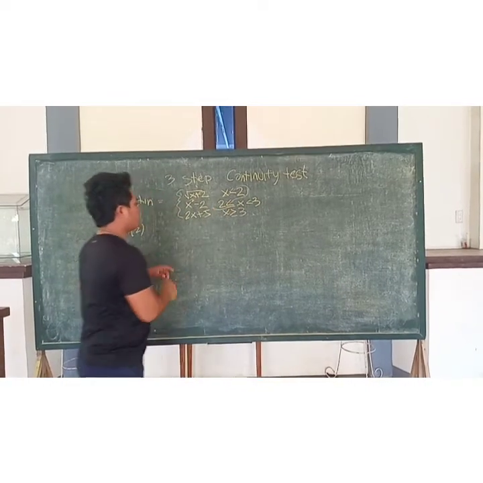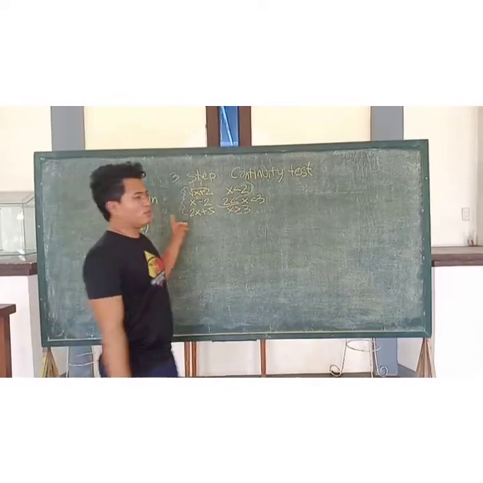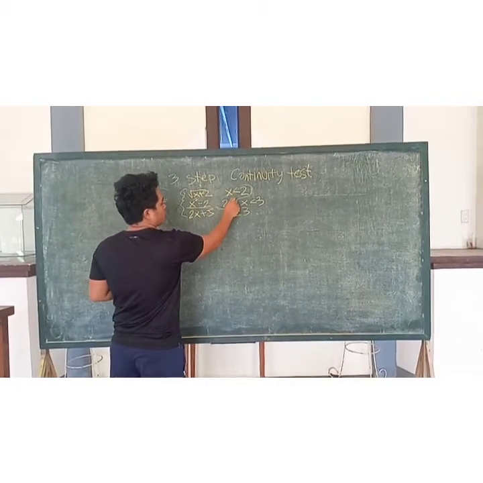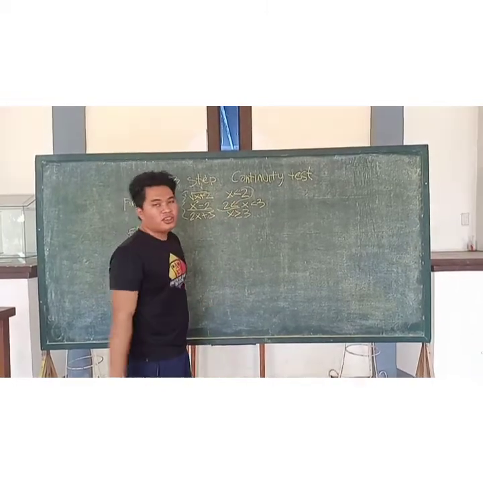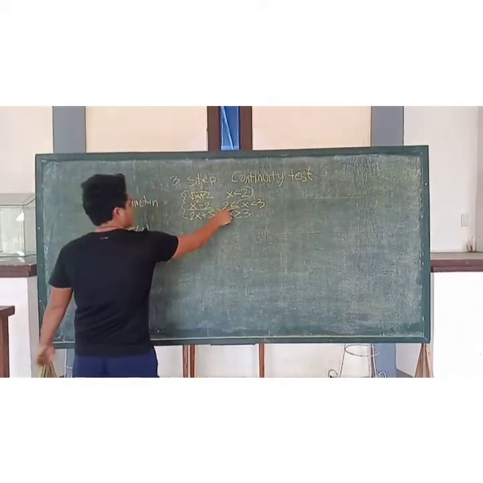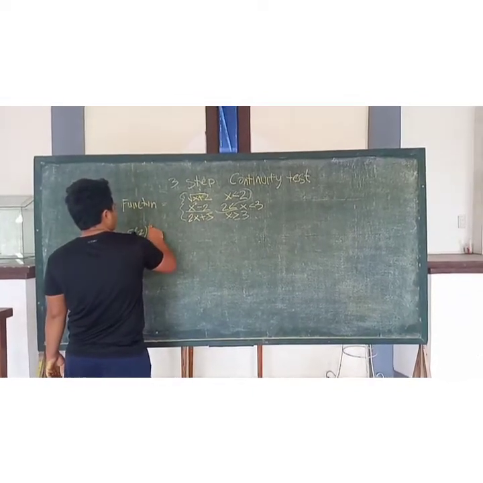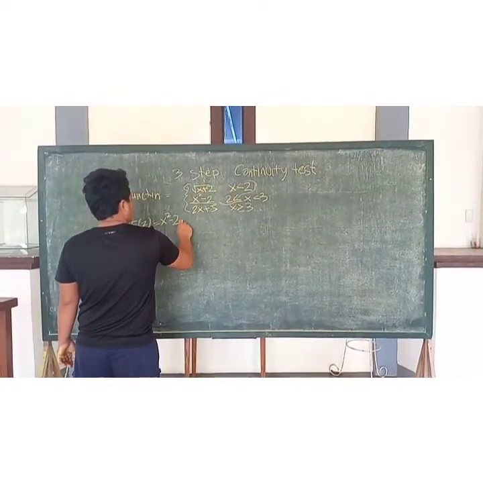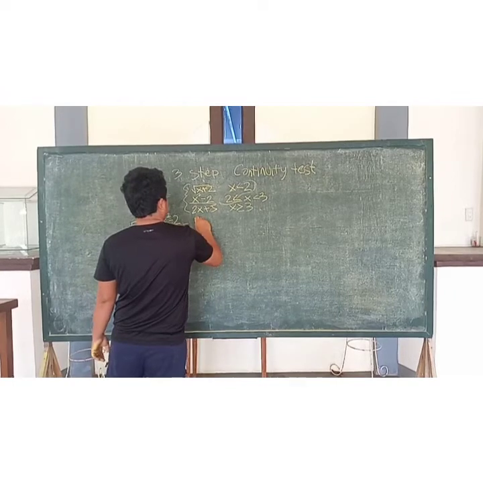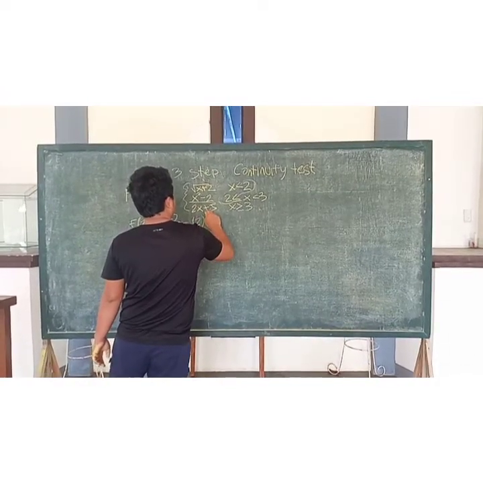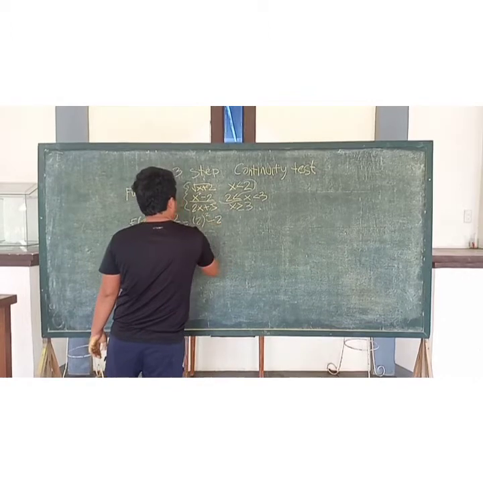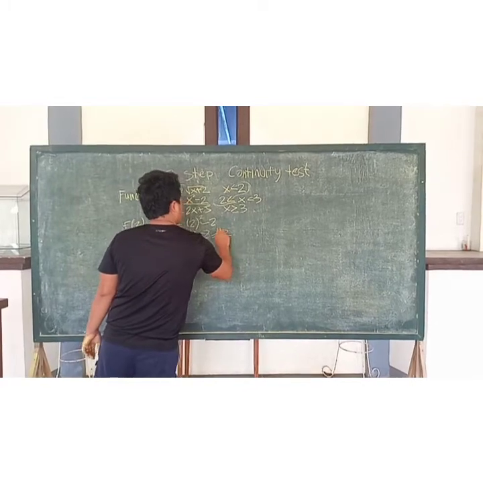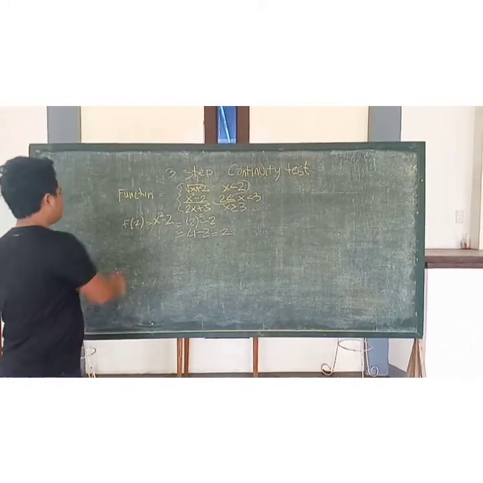When we find f of 2, we use the equation x squared minus 2, because 2 is greater than or equal to 2 in that piece. Substituting 2, we get 2 squared minus 2, which is 4 minus 2, so f of 2 is 2.